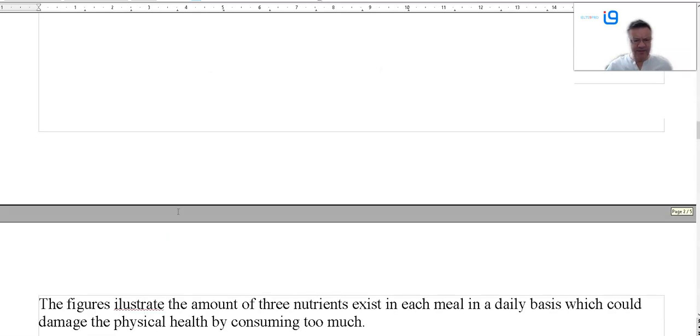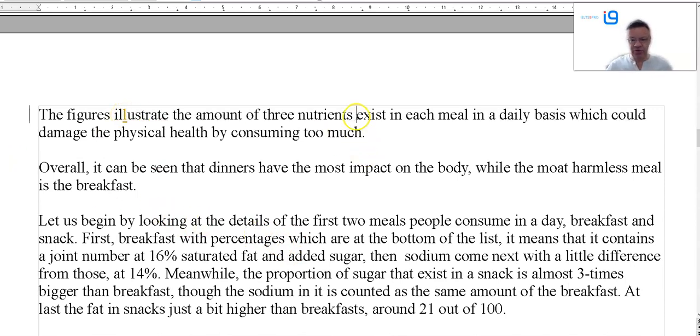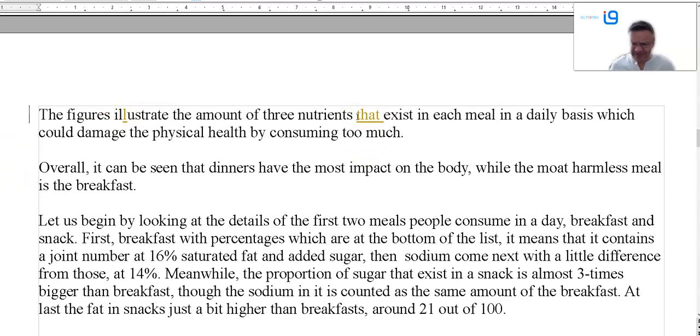And what do we have here? Figures illustrate the amounts of free nutrients exist in each meal in a day. Right, well, illustrate the amount of free nutrients that exist, are found, are present in each meal on a daily basis, which could damage physical health by overconsumption.